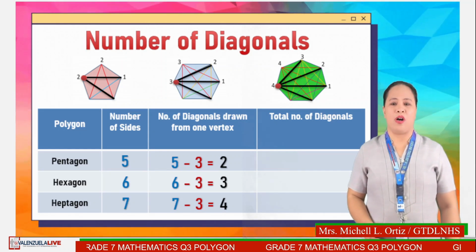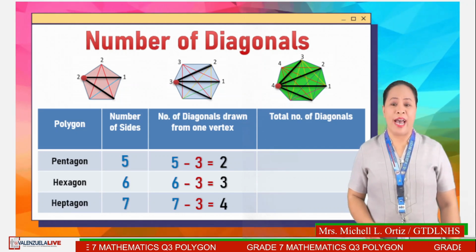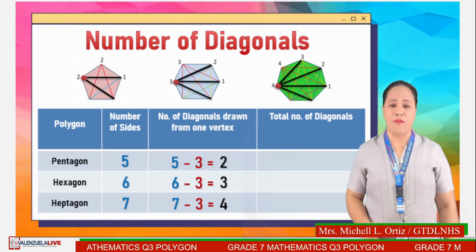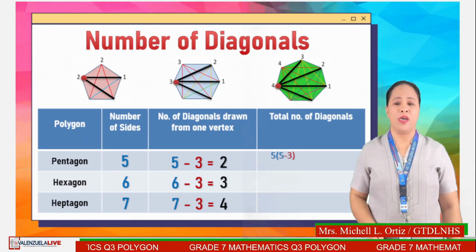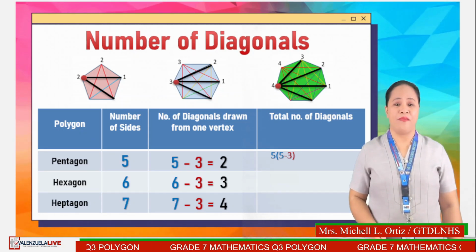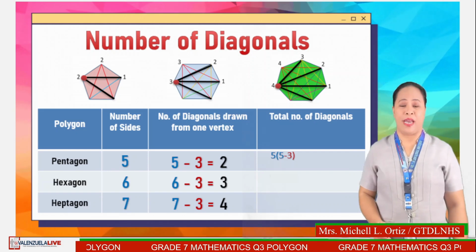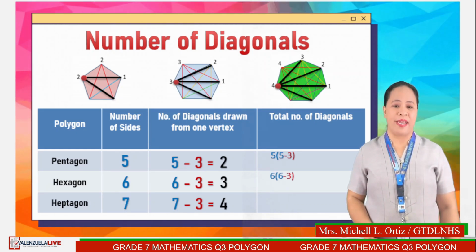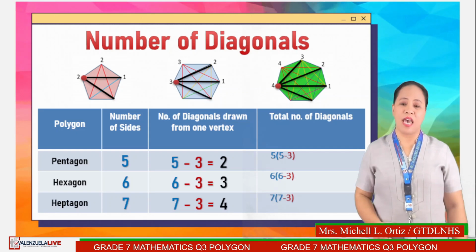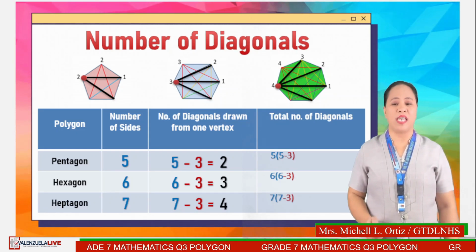Multiplying the number of diagonals that can be drawn in one vertex by the number of vertices of a polygon, we have 5 times the quantity of 5 minus 3, 6 times the quantity of 6 minus 3, and 7 times the quantity of 7 minus 3.